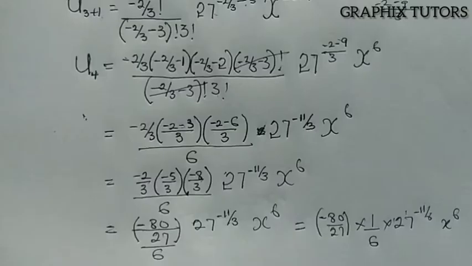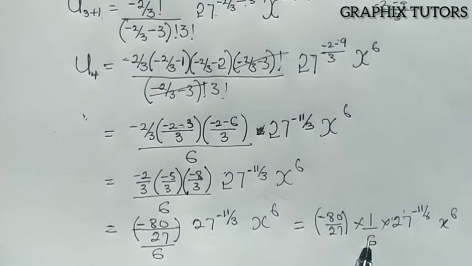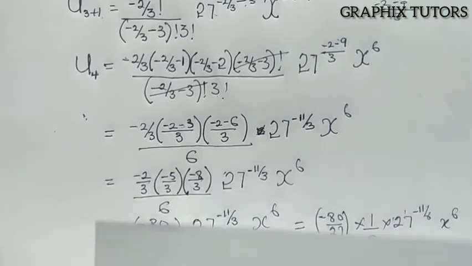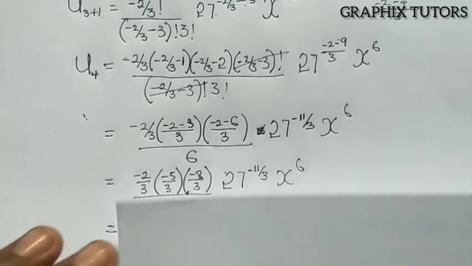So you multiply 27 times 6, and that will give you 162, and minus 80 times 1 will give you minus 80.